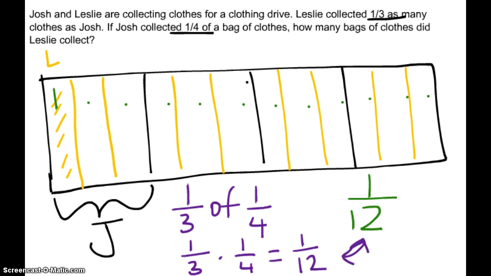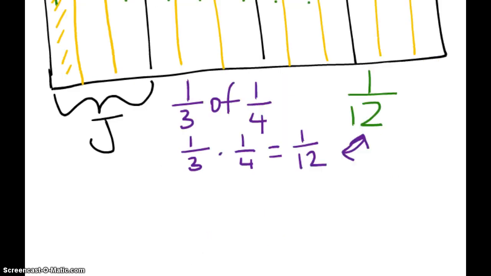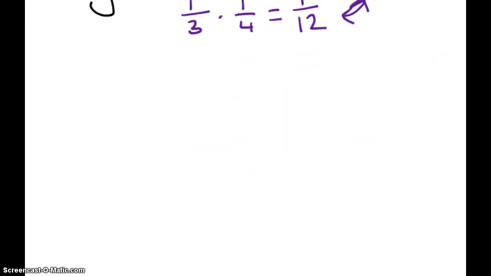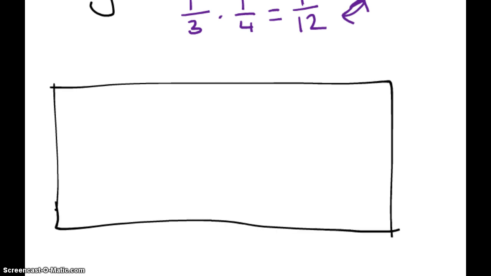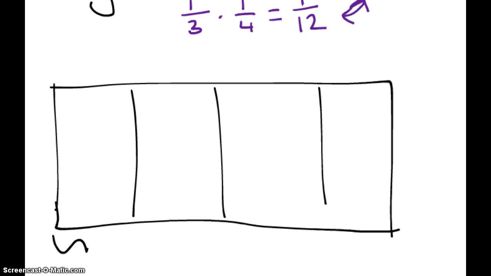Alright, now you may not have drawn the same picture that I drew, so let me just show you one more, and maybe you have even a different one, I don't know. So here's our bag again, and we know that Josh still collected 1/4. Leslie collected then 1/3 of that, so let me get a different color.